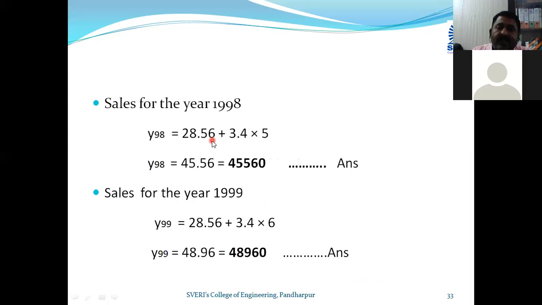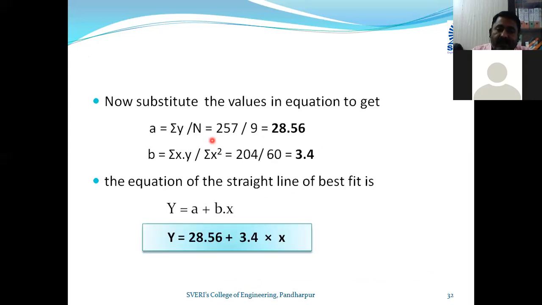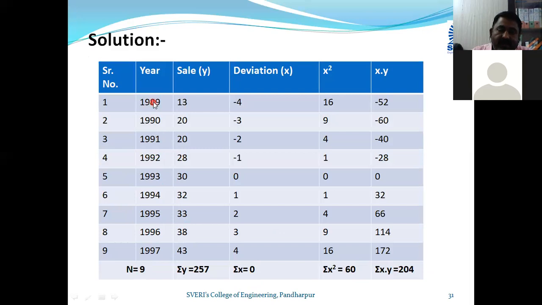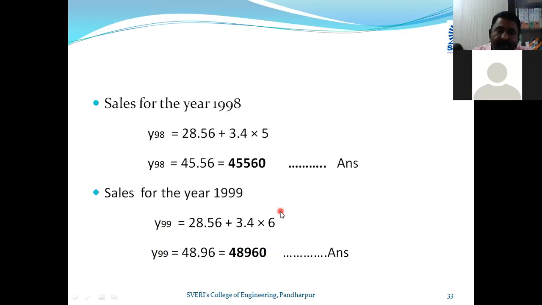Next part is a different year, which is not part of that list. It is from 1989 to 1997. So for 1997 this x is 4, 1998 x will be 5, 1999 x will be 6, like this. Here for 1998 we have to calculate the sales. So x is taken as 5.